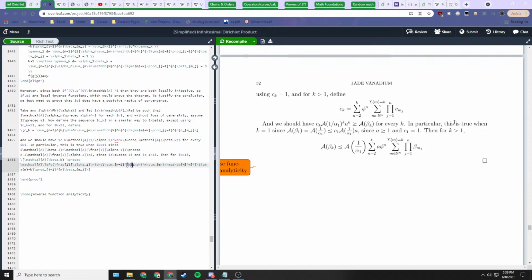So when k equals 1, we'll have 1. I think this isn't going to work the way I want it to.